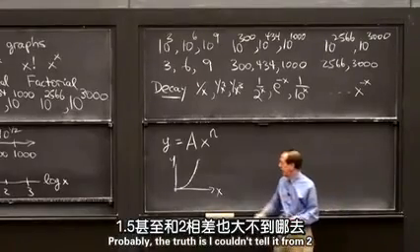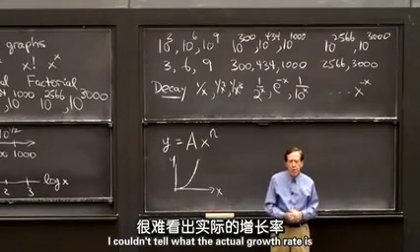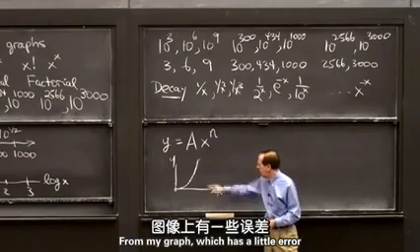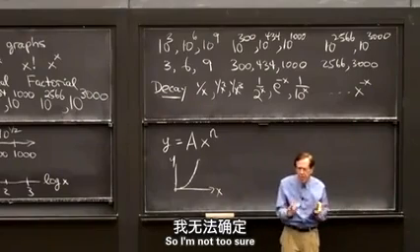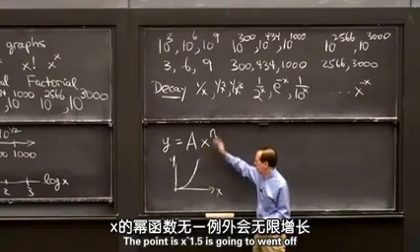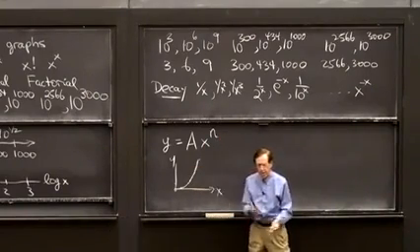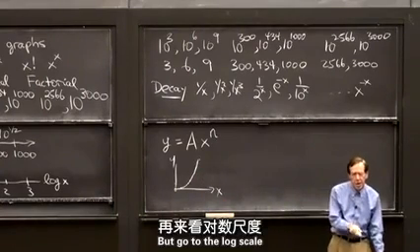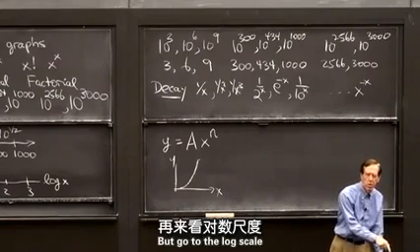The truth is, I couldn't tell it from 2. I couldn't tell what the actual growth rate is from my graph, which has a little error, so I'm not too sure. And the point is, x to the 1.5 and x squared would all look like that. But go to the log scale.